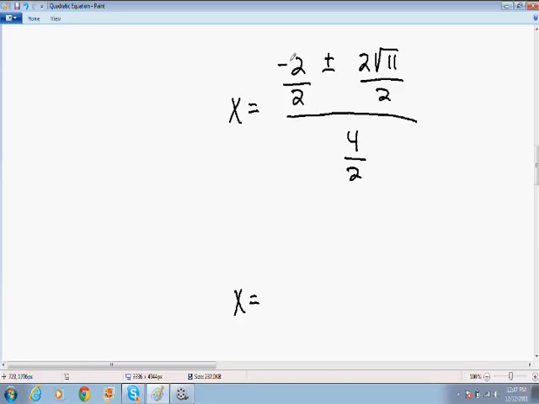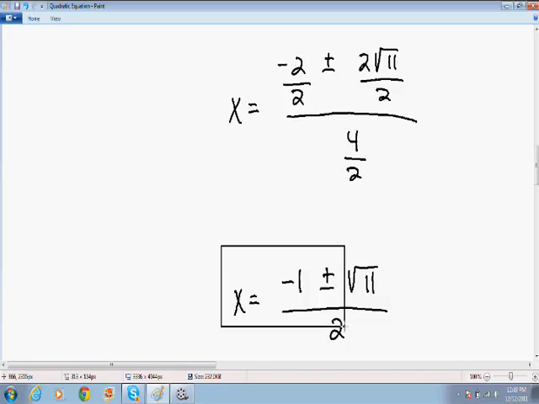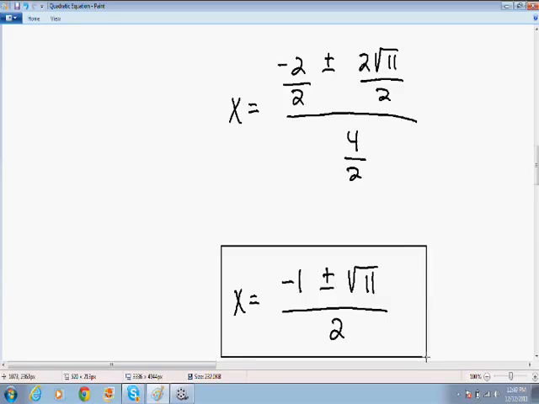Negative 2 divided by 2 is just negative 1. Plus or minus 2 square root of 11 divided by 2. If you notice, the 2's cancel out, so that just becomes the square root of 11. All divided by 4 over 2, and 4 divided by 2 is just 2. Now this equation cannot be simplified anymore. We have simplified it as much as possible, so this is our final answer.